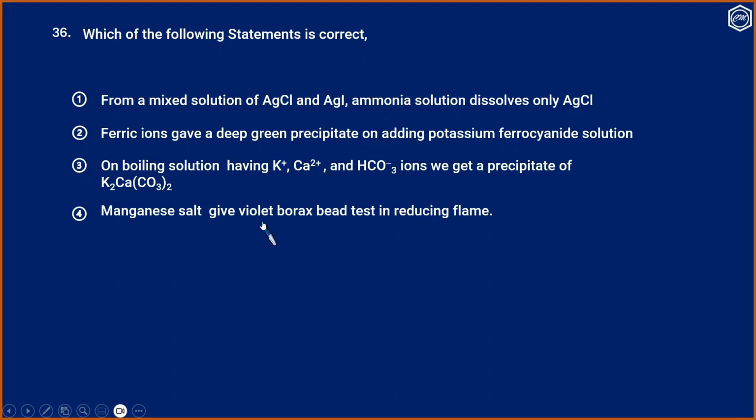Manganese salt gives violet borax bead test in reducing flame. And option 1 is the correct one. From a mixed solution of silver chloride and silver iodide, ammonia solution dissolves only silver chloride. That is the correct answer.